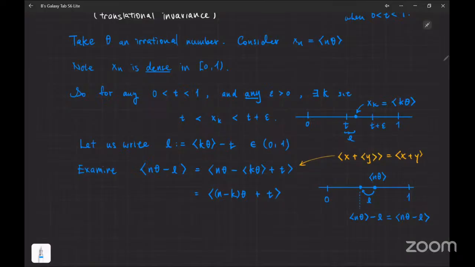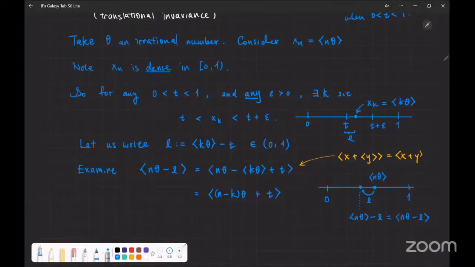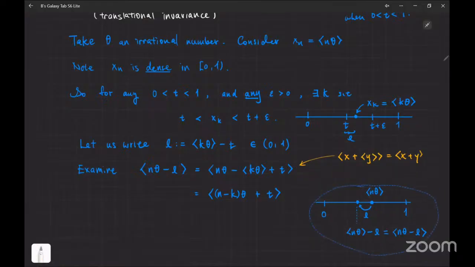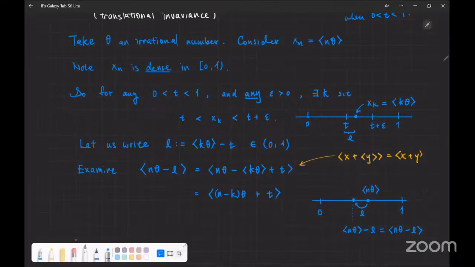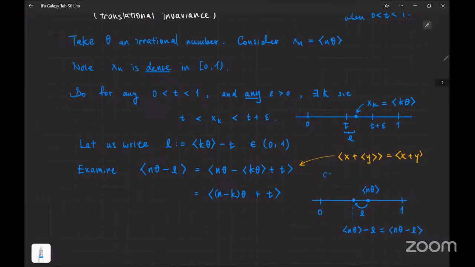And this first case I'm describing is when n theta is bigger than or equal to L. Okay, so we got that. This will underlie this case, right?